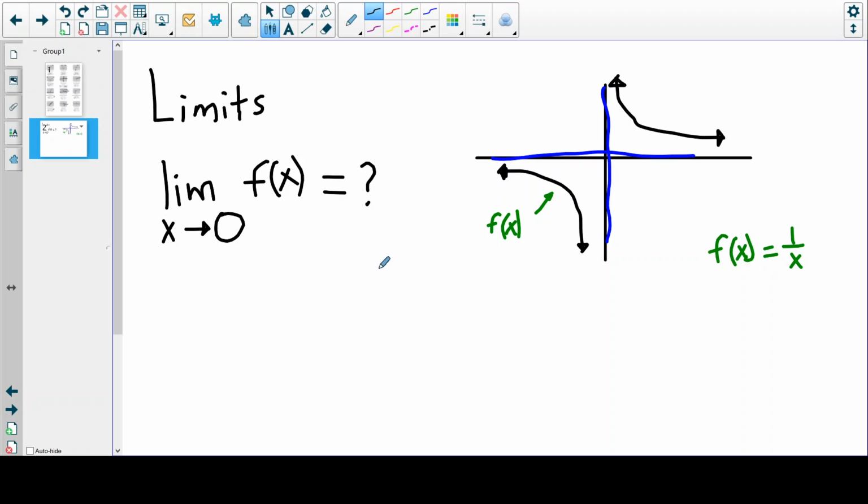Now let's break it down and see why it's the notation. First off, the limit just tells you that it's the limit. The function just tells you the function, but the two important parts are going to be here and here.